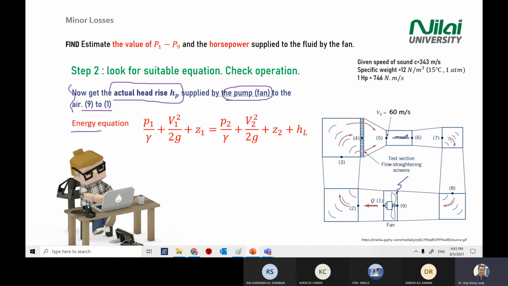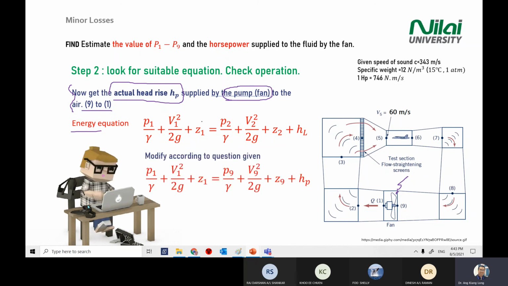So you write the energy equation and modify it based on the scenario. The HL will become the head raise because of the fan. The fan is generating some energy to maintain the speed of the airflow, so you modify HL to HP.